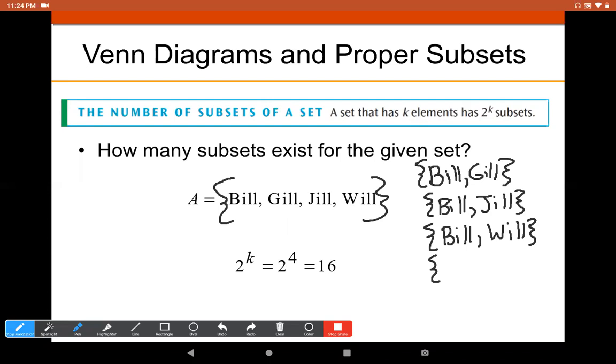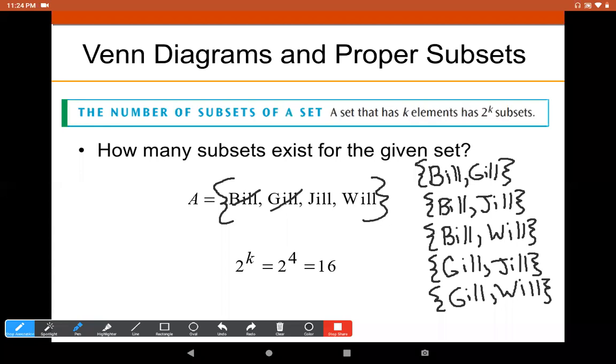Now we can pair Gil. I'm going to cross Bill off. We can pair Gil with Jill. We can pair Gil with Will. And then Gil has been paired with everyone at least once. And now, lastly, we can pair Jill with Will.